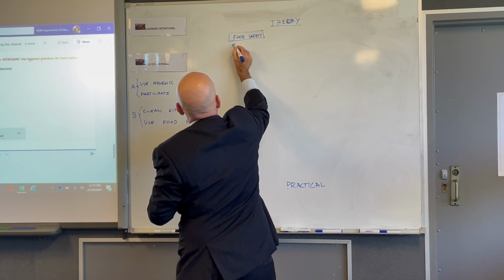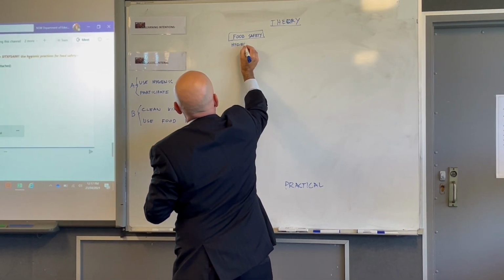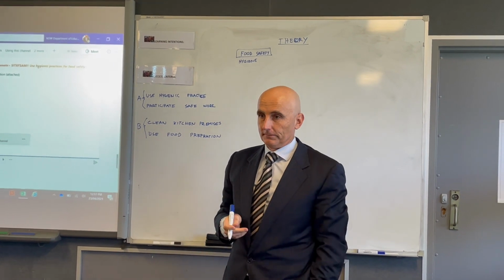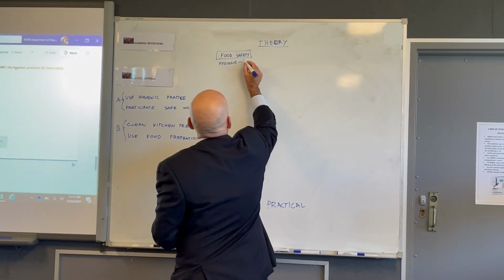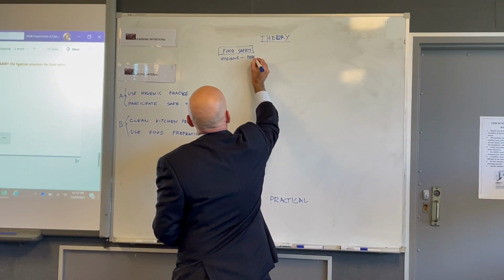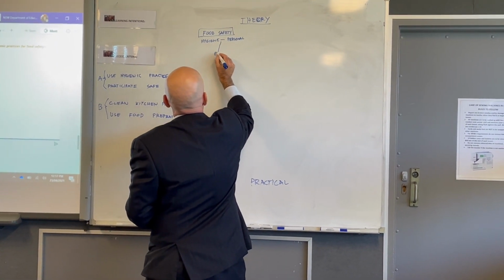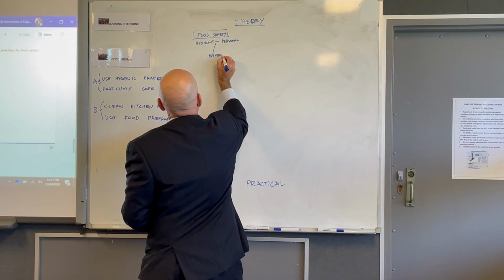So we looked at hygiene. What are the 2 different types of hygiene in the kitchen? Personal and environmental. Yeah, so personal. Now for that we don't spend a lot of time, but environmental, I'm just going to put enviro.